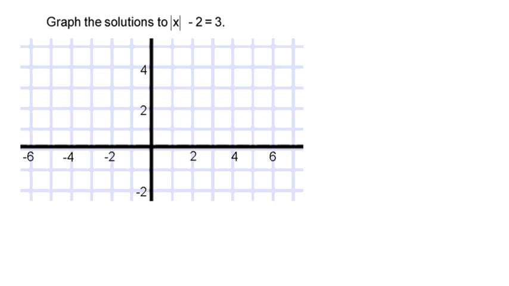Okay, graph the solutions to absolute value of x minus 2 equals 3. Again, you've got a calculator you can use. This absolute value of x, I will show you a way to do that. If you take your absolute value parent function, which is going to look like this, I'm drawing it sort of freehand here.